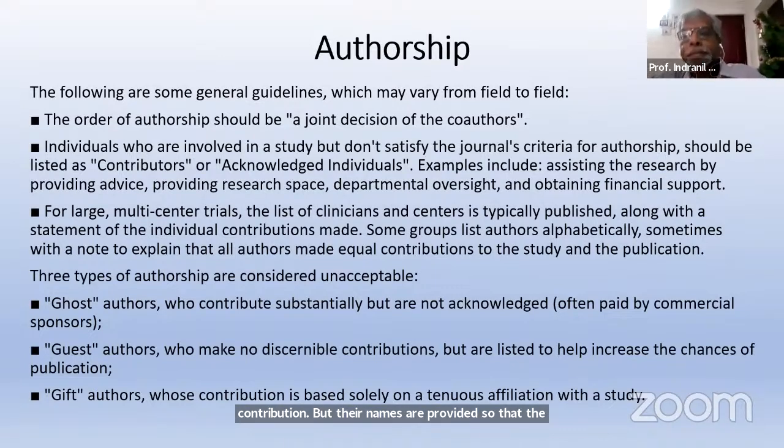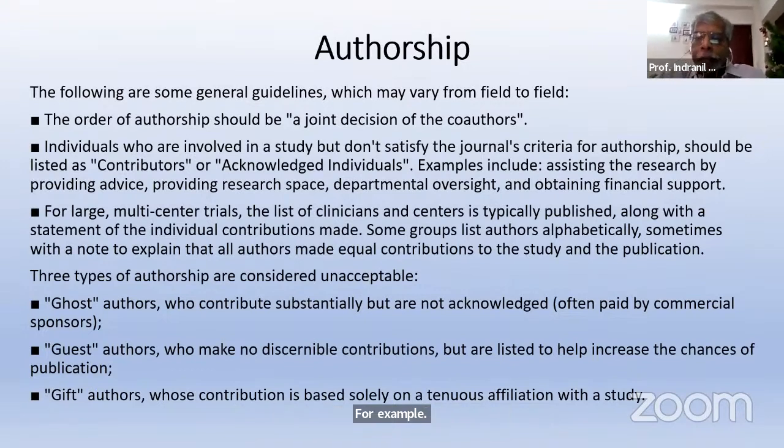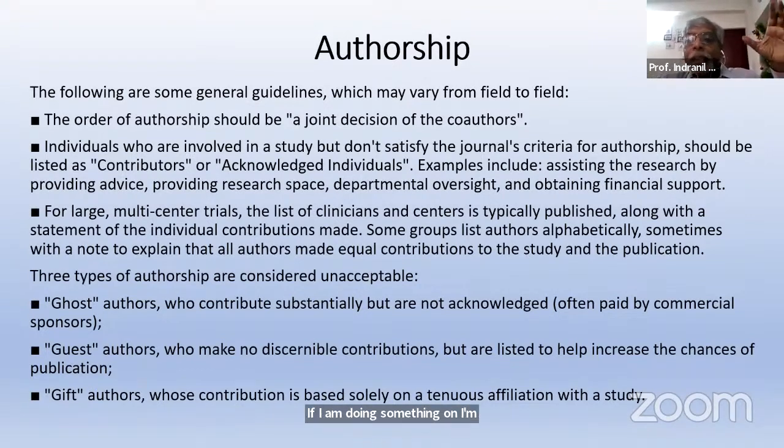For example, if I am doing something on fintech, and there is an acclaimed expert in fintech from somewhere, and I know that he is on the... of course, you might argue right away that these are blind, peer-reviewed, anonymous. Yes, true, but there could be several gaps here.